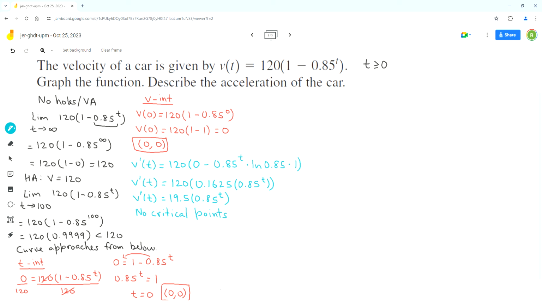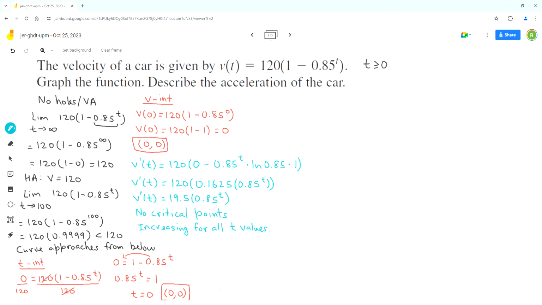So our conclusion is that the function v at t is increasing for all t values. Now we are done with the analysis for the first derivative.